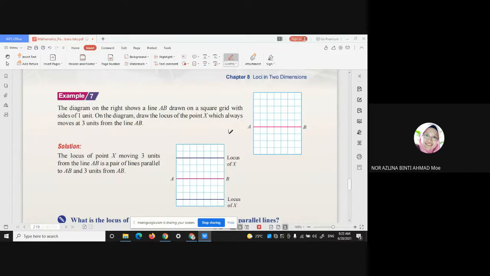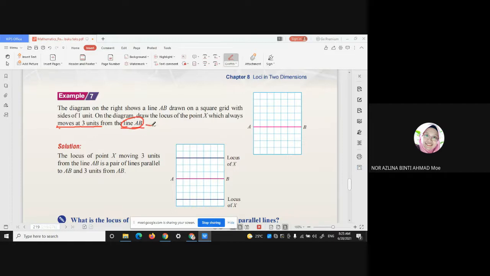Next, Example 7. The diagram on the right shows a line AB drawn on a square grid with side of 1 unit. On the diagram, draw the locus of the point X which always moves 3 units from line AB.